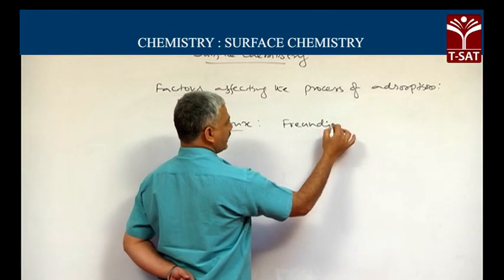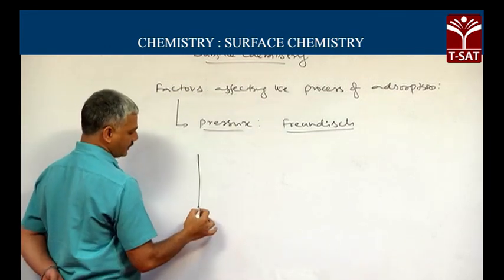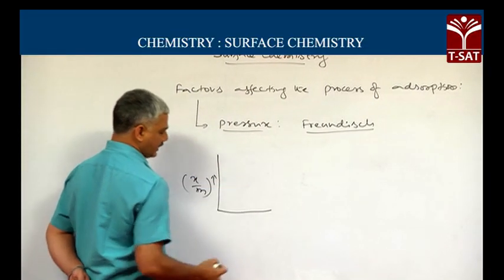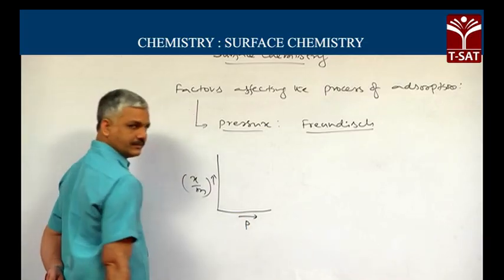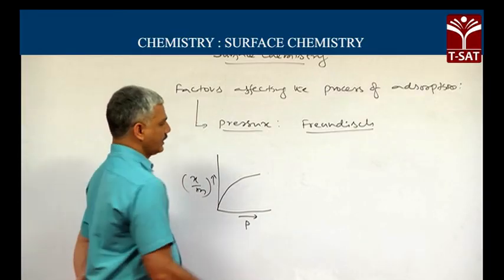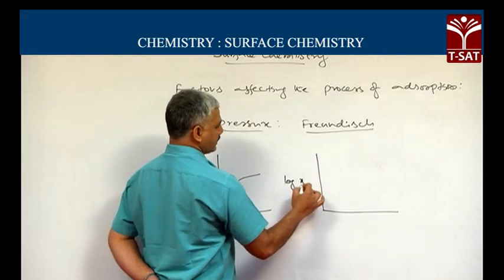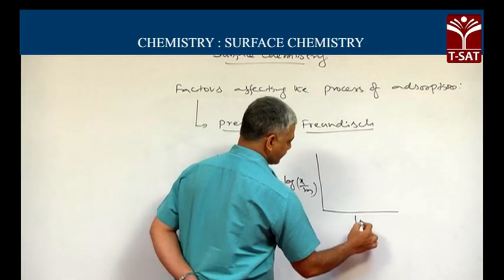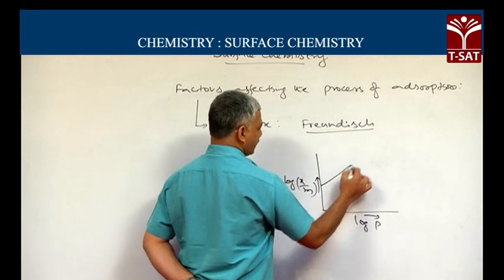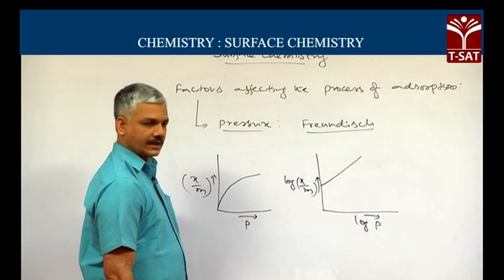Graphically, Freundlich's equation can be represented in the following two ways. A graph can be plotted between extent of adsorption and pressure. Then the graph will come like this. If we take the logarithmic parameters, that is log x by m versus log p, a straight line is obtained making an intercept on the y axis.